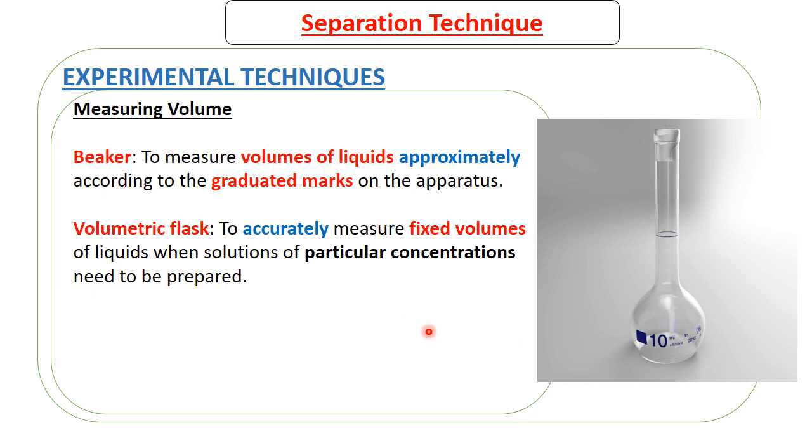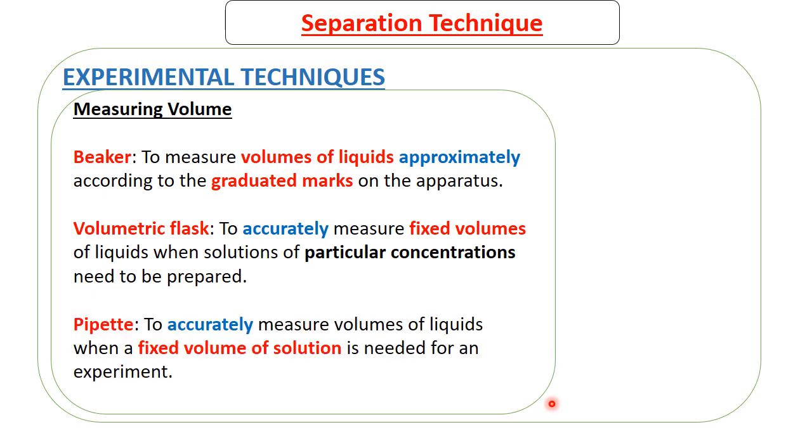So the difference between the beaker and the volumetric flask is that the beaker is approximate, while the volumetric flask is accurate, and it is used when you want to prepare a solution of a particular concentration. The other apparatus that is used is the pipette. I hope that's the correct pronunciation, pipette. This one is used to accurately measure volumes of liquids when a fixed volume of solution is needed for an experiment.